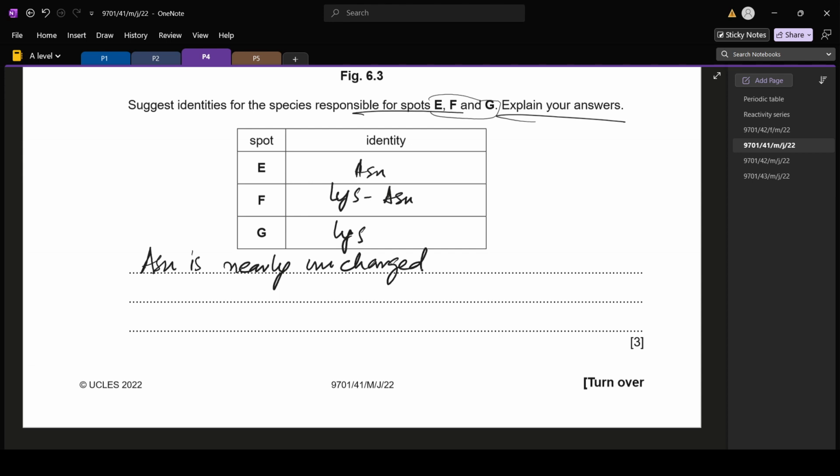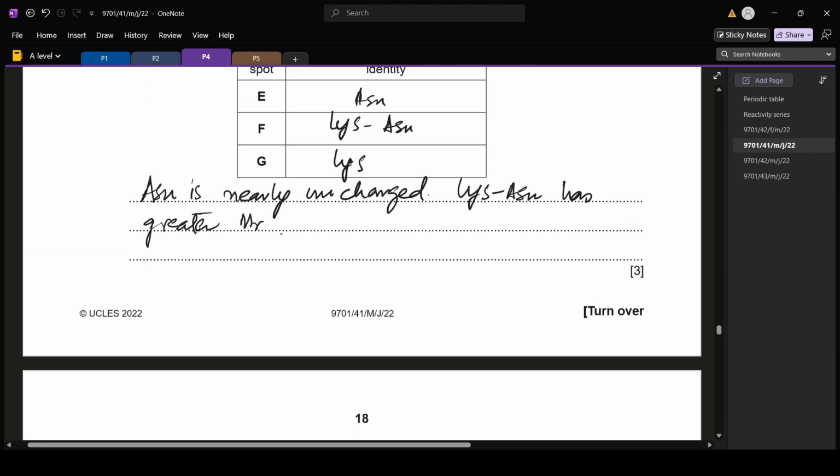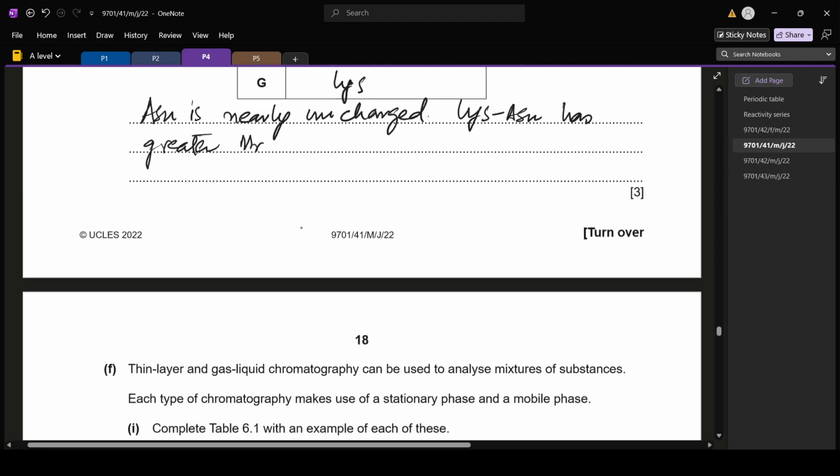That's why E is aspargine, and then you can say that lysaspargine has greater Mr. So that's why this is F, and then we have G as lysine.